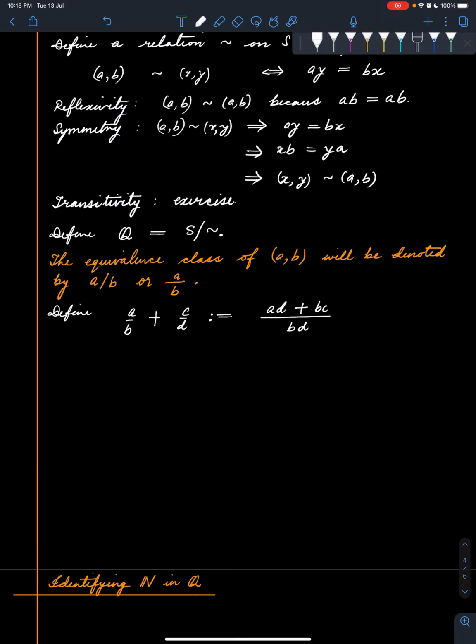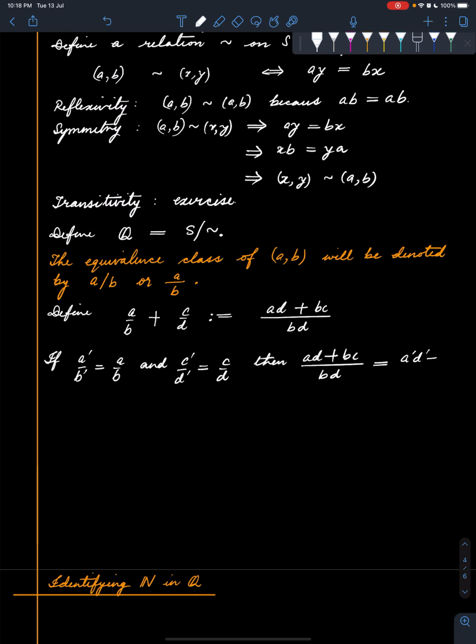So what we need to check is that if A prime by B prime equals A by B, and C prime by D prime equals C by D, then AD plus BC upon BD equals A prime D prime plus B prime C prime upon B prime D prime.